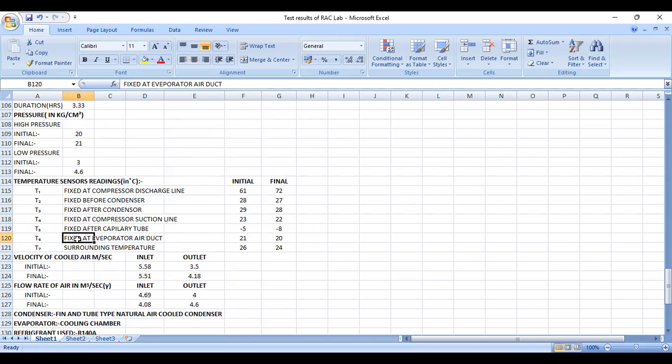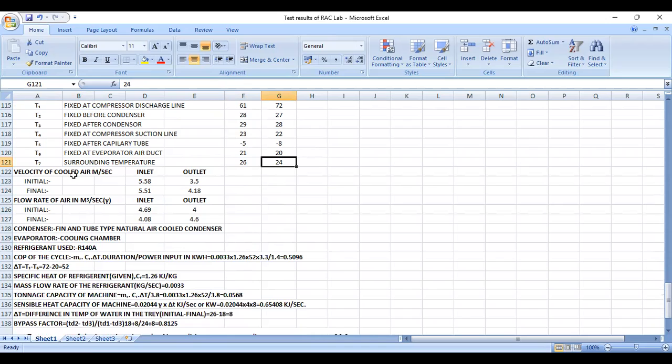Fixed at the evaporator or air duct, 21 and 20 degrees. The surrounding temperature was initially 26 and became 24, not much change. The velocity of the cooled air initially was 5.58 and 3.35, and finally 5.51 and 4.51. The flow rate becomes 5.63 to 4.63.